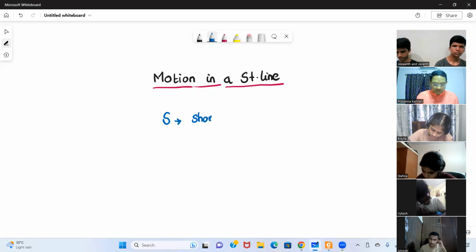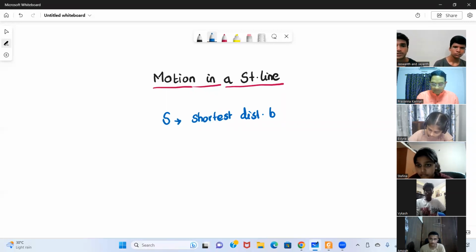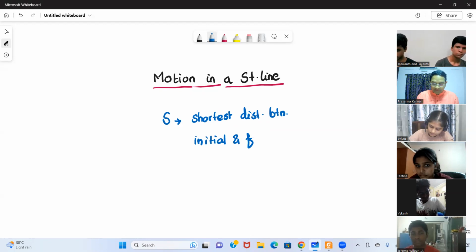It is nothing but the shortest distance between the initial position and the final position, sir. Exactly, shortest distance between initial and final positions. Is it a vector? Yes, sir, it is a vector. Absolutely right.